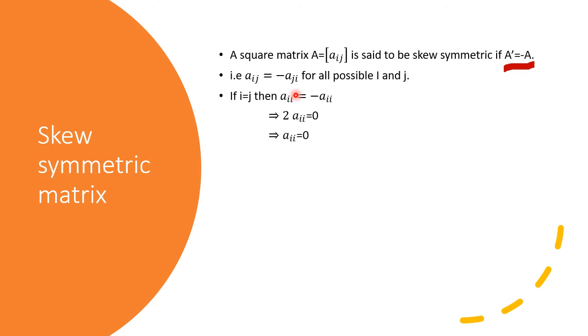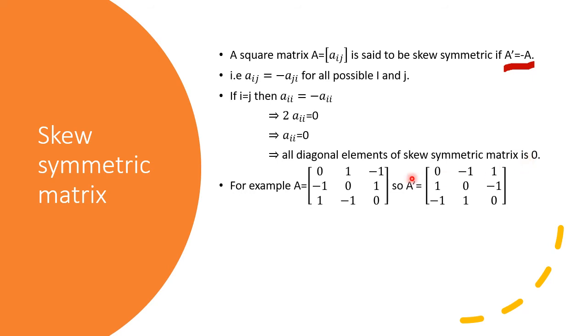That will give you Aii equals 0. So what is the element Aii, students? Just recall it. Yes, it is a diagonal element. So that means all the diagonal elements of the skew symmetric matrix are 0, and the other elements are negatives of each other.